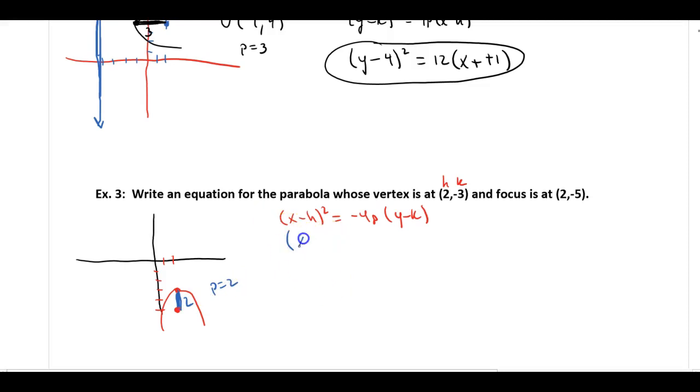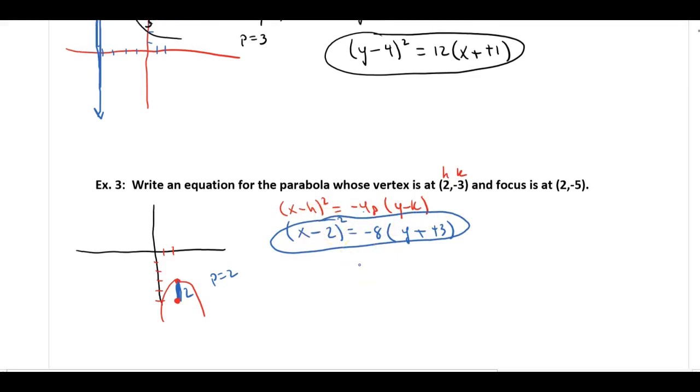So (x - 2)², what's h? 2, all squared equals, what's -4 times 2 going to give you? -8 times (y - (-3)). And here is your equation.